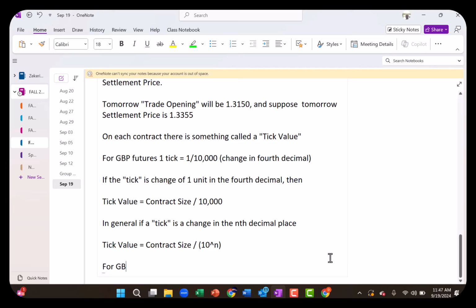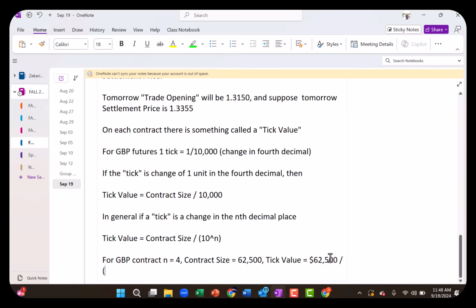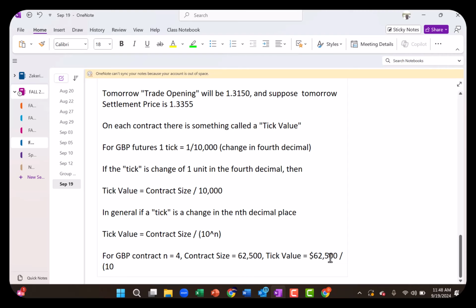So for GBP contracts, n is 4, contract size equals 62,500, and tick value is, I'm going to put a dollar sign in front of this, 62,500 divided by 10 to the power 4.